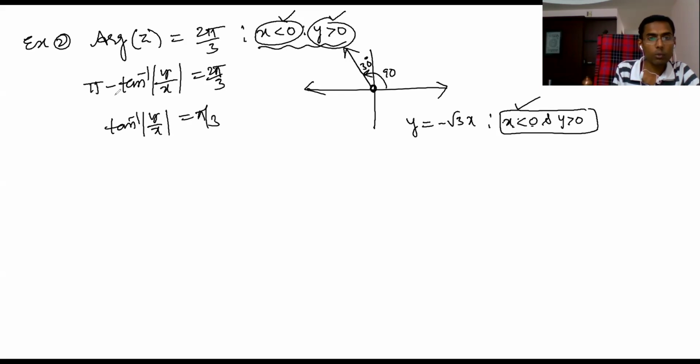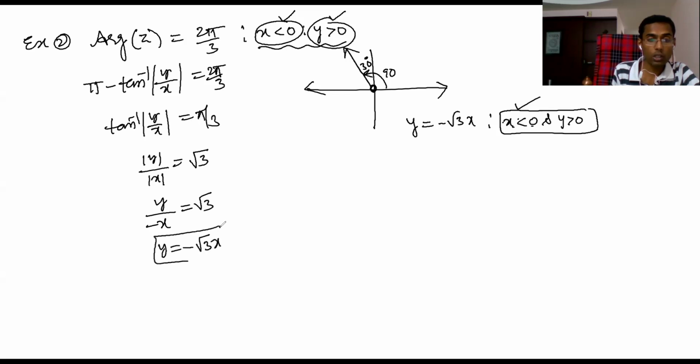So if you bring this side, pi minus 2 pi by 3 is pi by 3. Take that side, mod y by mod x equal to tan pi by 3 is root 3. But here y is positive, therefore y. X is negative, therefore minus x. Understand, mod x is then minus x because x is less than 0, equal to root 3. What I wrote? Y equal to minus root 3x.